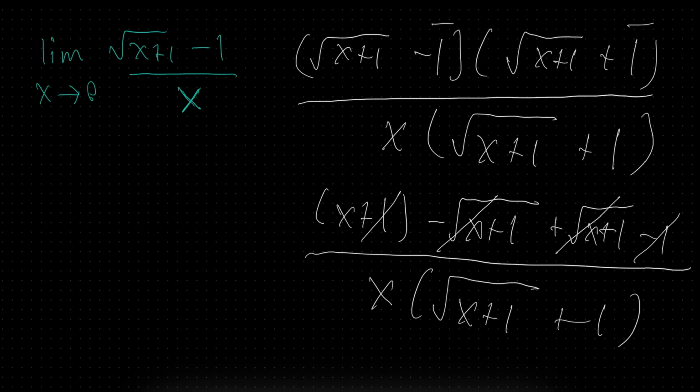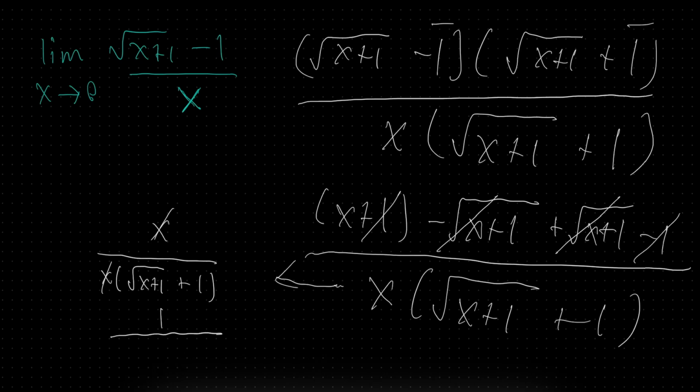Right? And let's just draw this over here again. x over x times square root of x plus 1 plus 1. This x cancels out with this x, and we're left with a final expression of square root of x plus 1 plus 1. And we are seeing what happens as we approach the value 0.